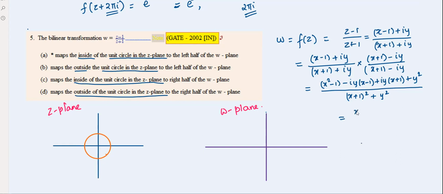Numerator we will see, we get x square plus y square minus 1. Now minus iyx plus iyx cancels. Then I get plus 2iy. The denominator is x square plus y square plus 2x plus 1. Okay, I will write it as x plus 1 whole square plus y square.